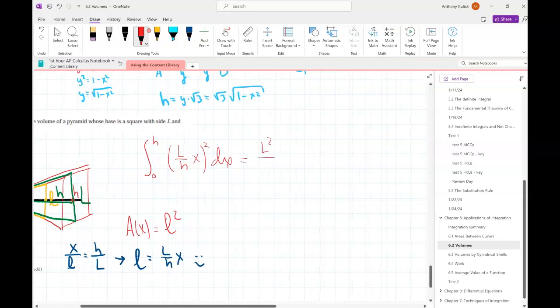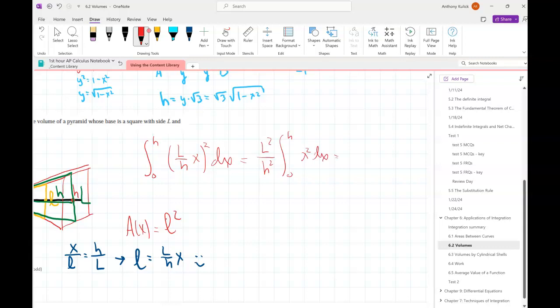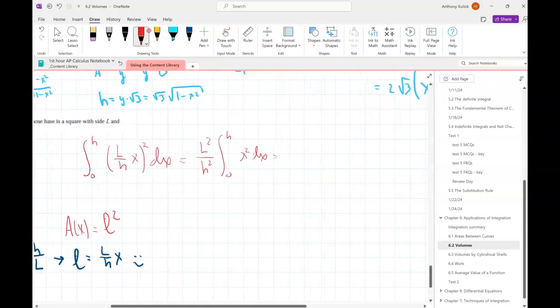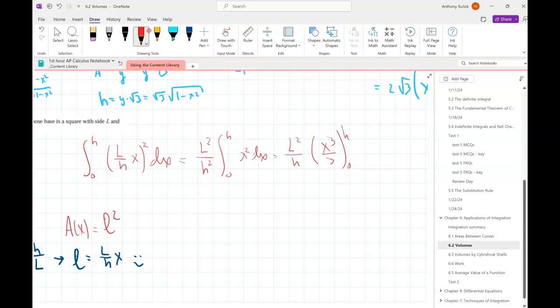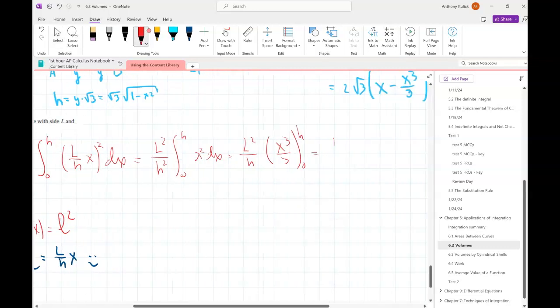I'll square that thing, and L and h are constants, so those can just get pulled out. So we're just integrating x squared dx. We're going to have L squared over h squared times h cubed over 3, and then minus 0.